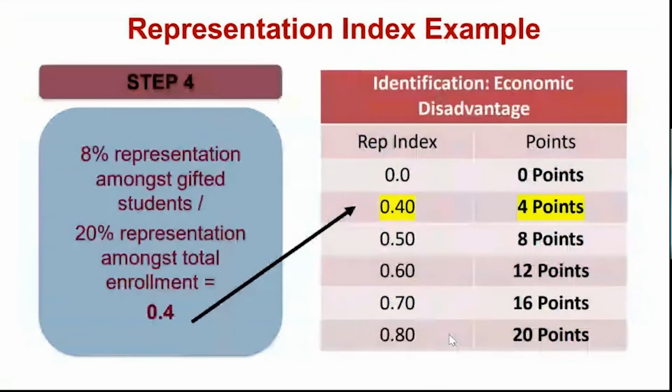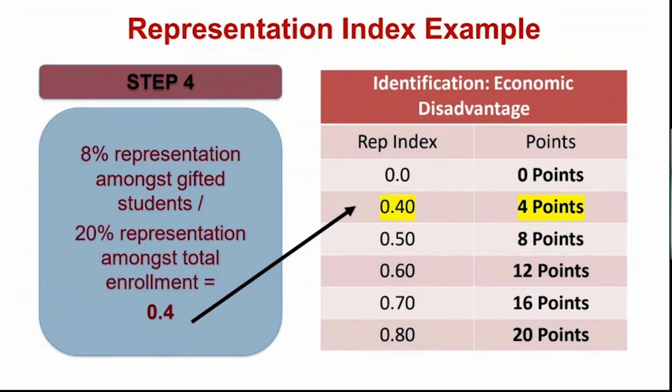So with that, we are then going to divide those two. And what the state says is that anything above 0.8 would be proportional. And that's our goal. We want these underrepresented groups to have the same representation as our general population.